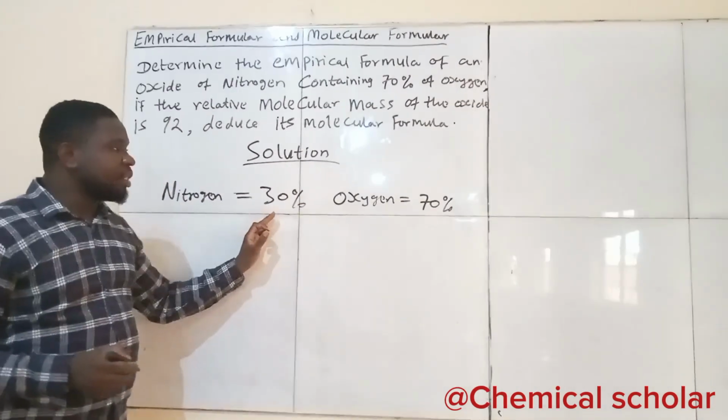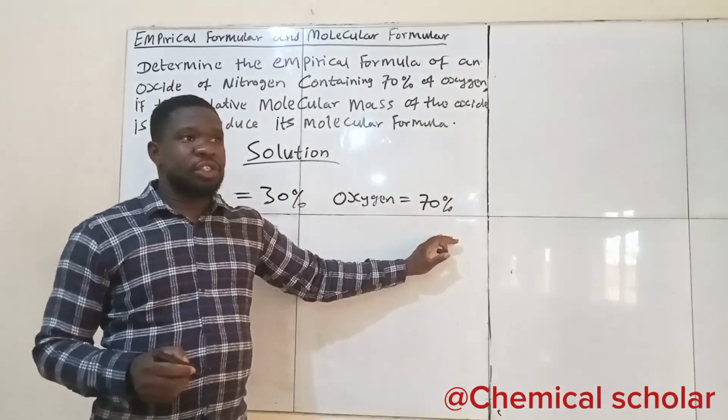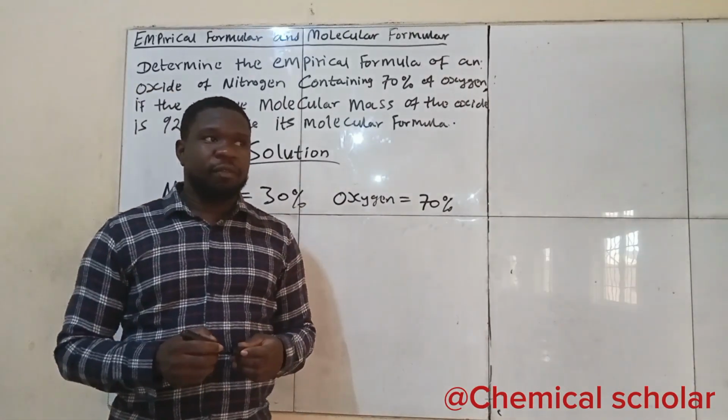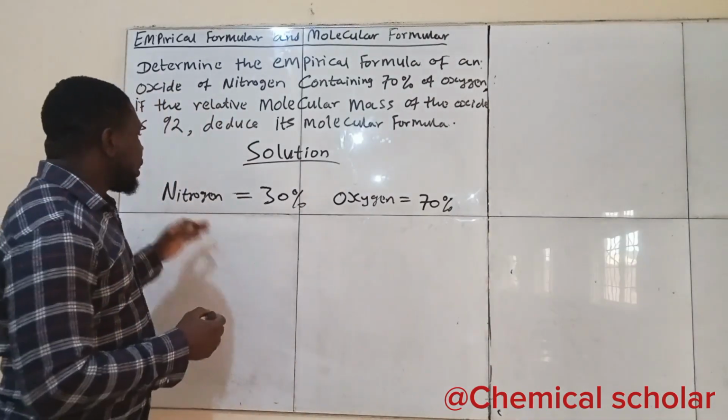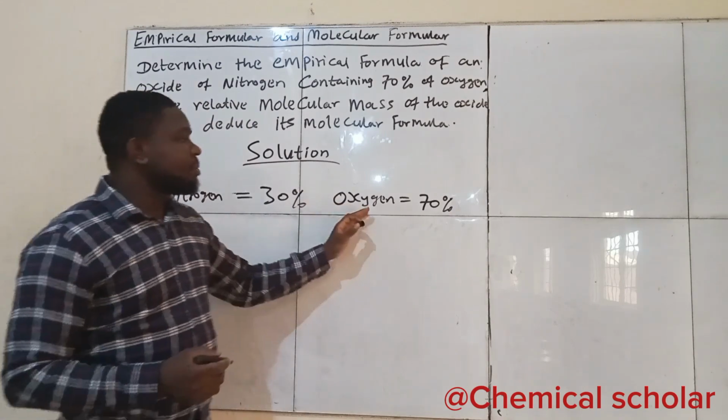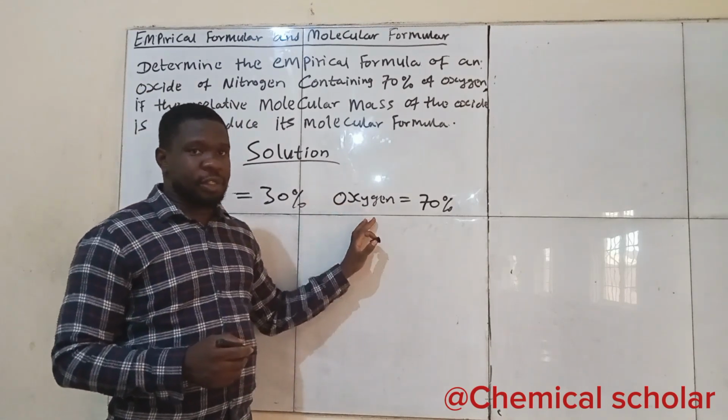Since we have this and we have this, the next thing to do is to divide each one by the relative atomic mass of the elements. The relative atomic mass for nitrogen is 14 and the relative atomic mass for oxygen is 16.